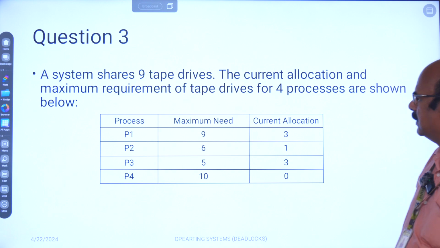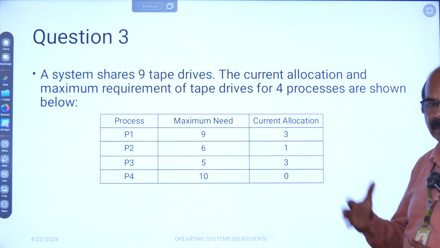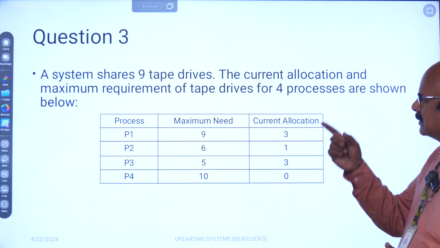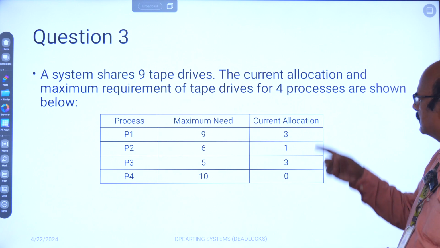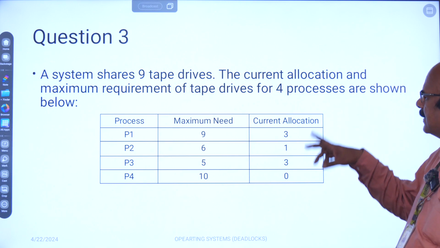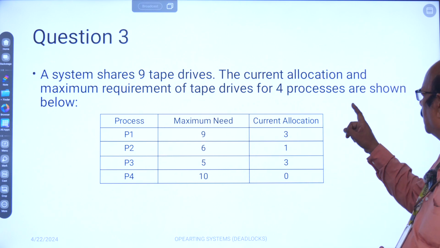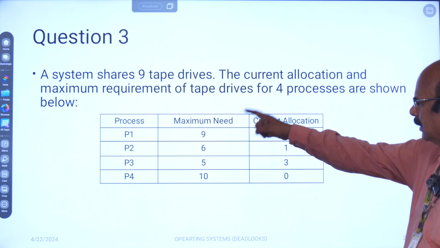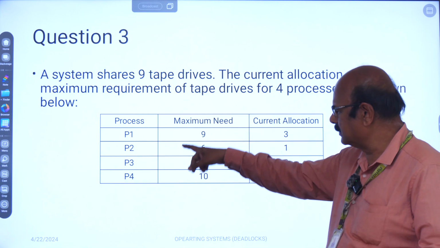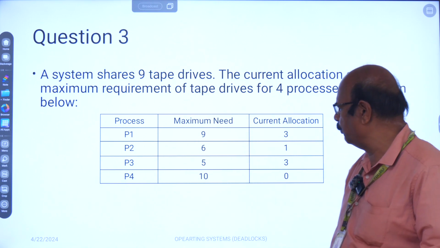Next, question number 3. A system shares 9 tape drives. The current allocation and the maximum requirement of tape drives for 4 processes are shown. Here there are 4 processes, P1, P2, P3, P4.